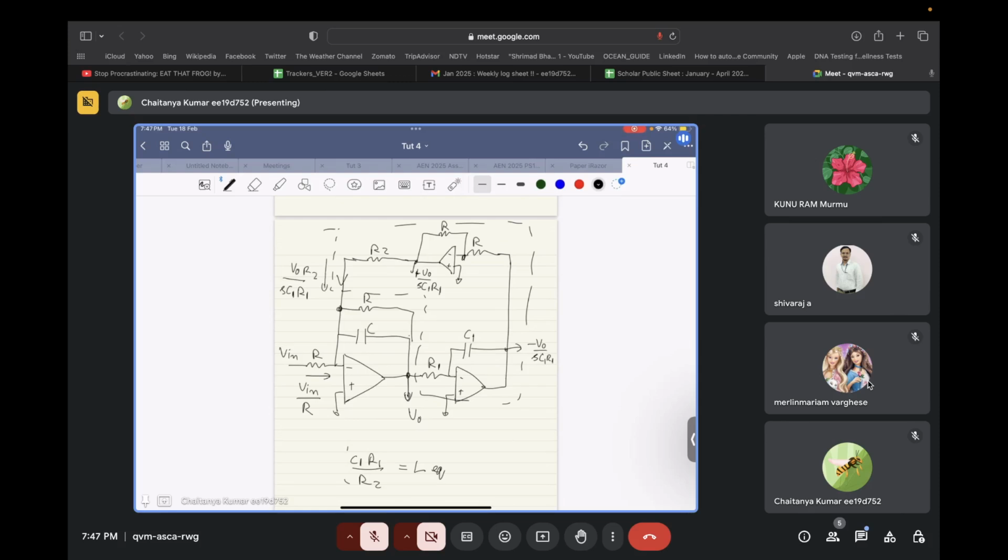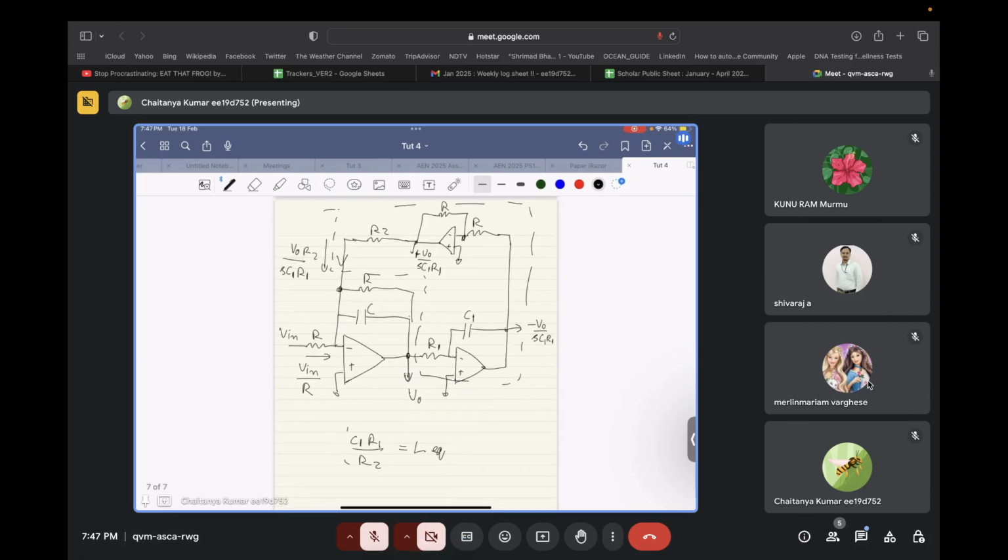The current flowing inside this virtual ground through the resistor R2 is V0 R2 upon SC1 R1, and this can also be written as V0 by SL equivalent, and this L equivalent is equal to C1 R1 by R2, right? Now what is the current flowing from this node? It's V0 by R, and from this node is V0 times SC.